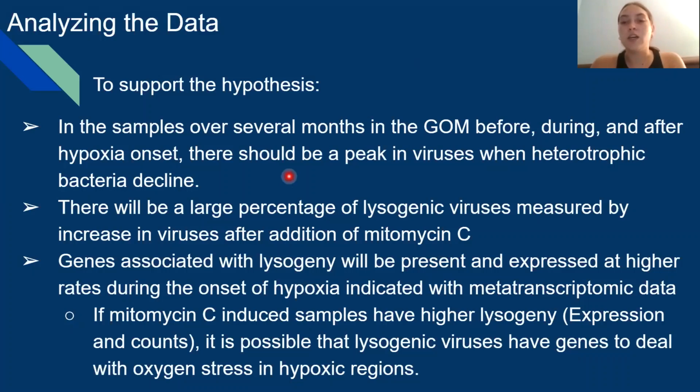We should also see a large percentage of lysogenic viruses being measured by increase in viruses after the addition of mitomycin C. Genes associated with lysogeny will be present and expressed at higher rates during the onset of hypoxia, indicated with our metatranscriptomics data. If the mitomycin C induced samples have higher lysogeny, it's possible that the lysogenic viruses have genes to deal with oxygen stress in hypoxic regions.